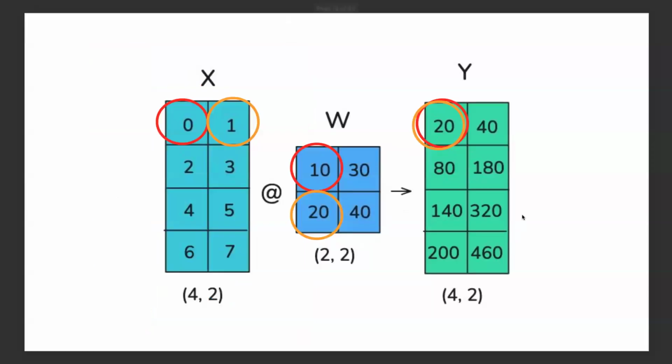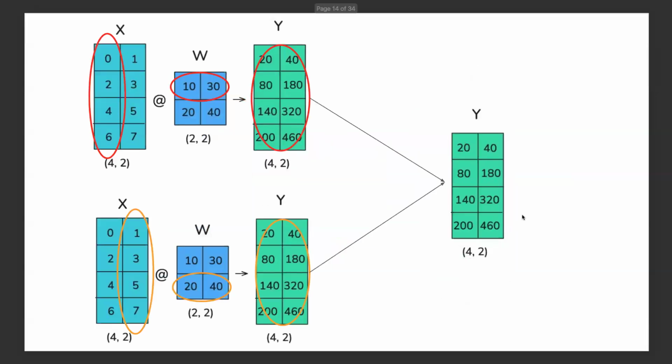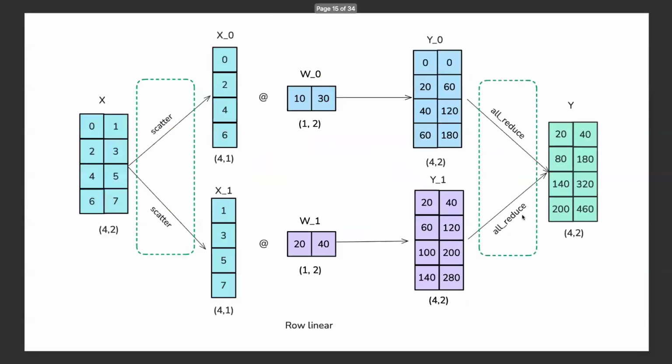Once again, each number in Y is a sum of the multiplications that we did before. If we do these multiplications for the entire column of X and for the entire row of W, we get back a matrix of the shape of Y, but only a part of it that we need to sum with the other part of Y, and we get back the original matrix. And that's called row linear parallelization.